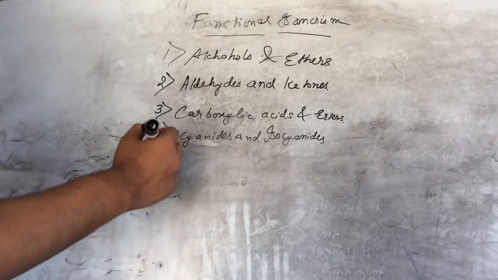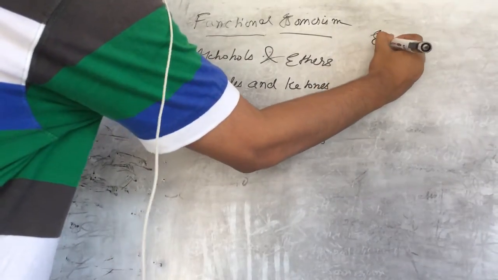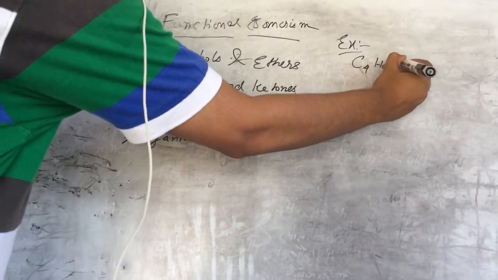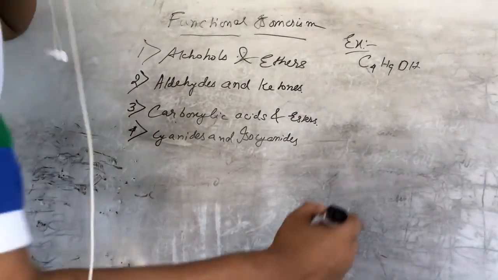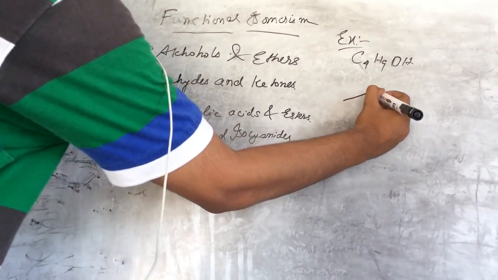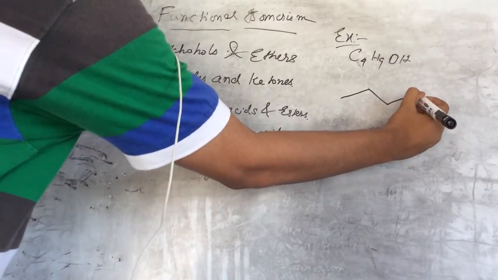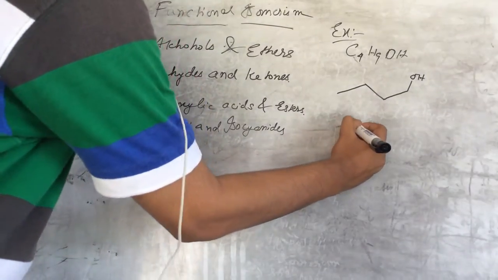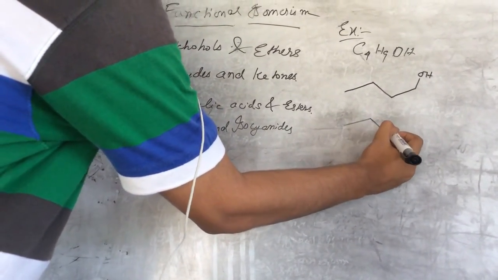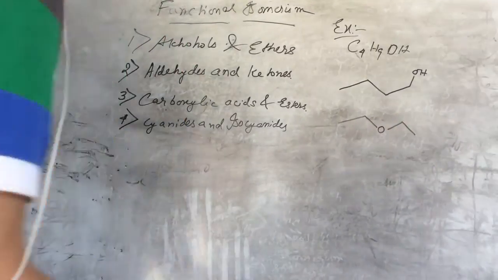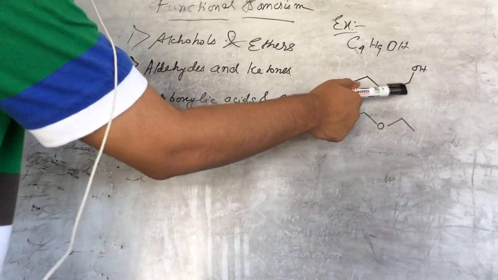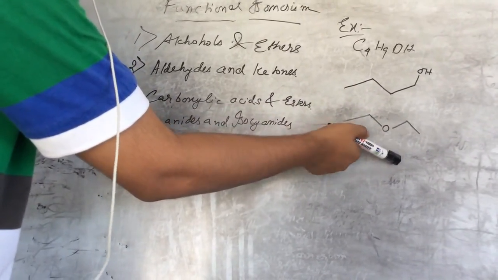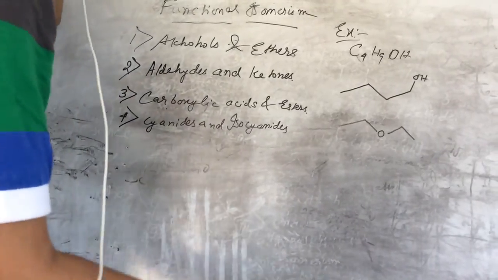So let's take an example. C4H9OH. So one is the alcohol containing structure, another will be ether. If you check carefully, the molecular formula for this is C4H9OH, as well as this is C4H9OH, or you can say C4H10O.